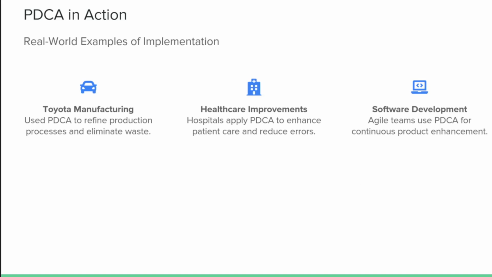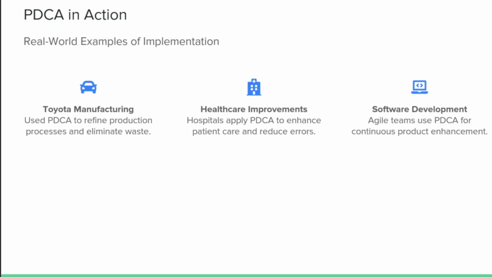Now, PDCA is widely adopted across various industries to drive efficiency and continuous improvement. One of the most well-known examples is Toyota, in which PDCA in its lean manufacturing approach was implemented to eliminate waste and optimize production.